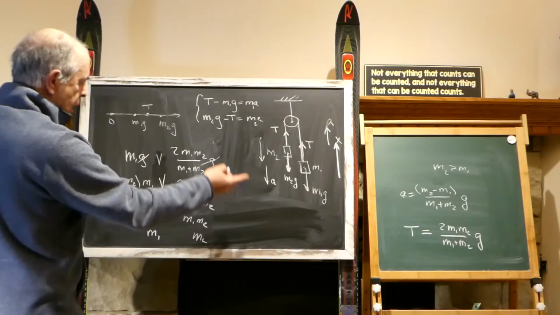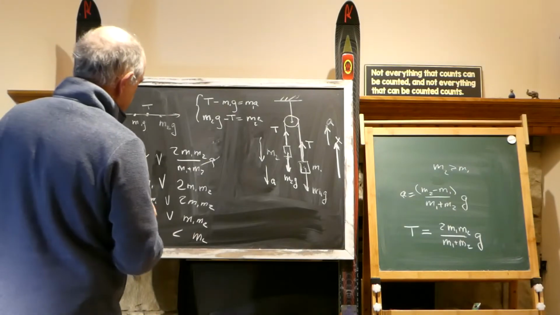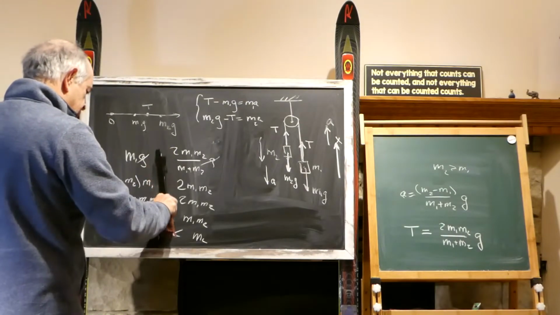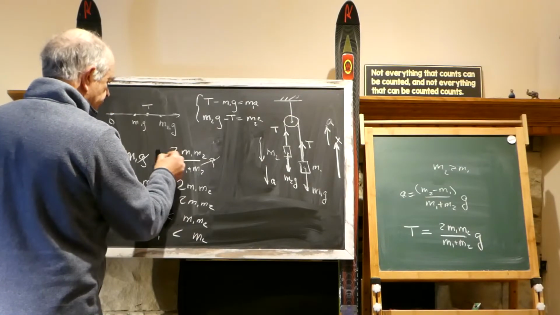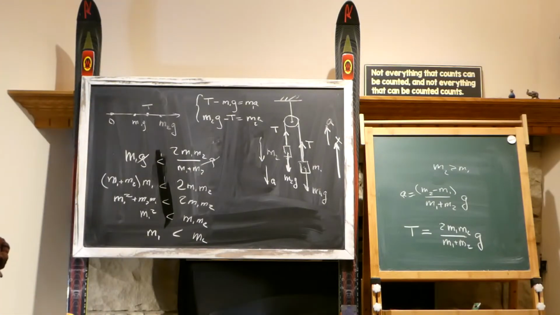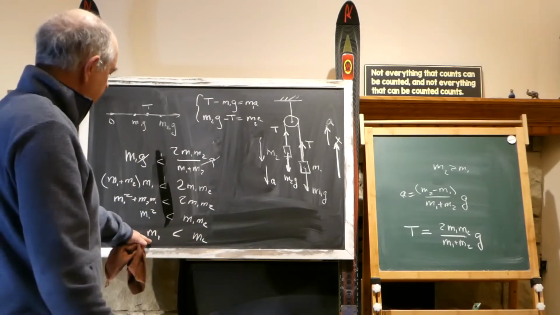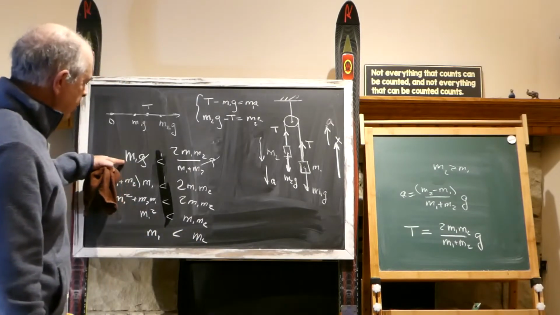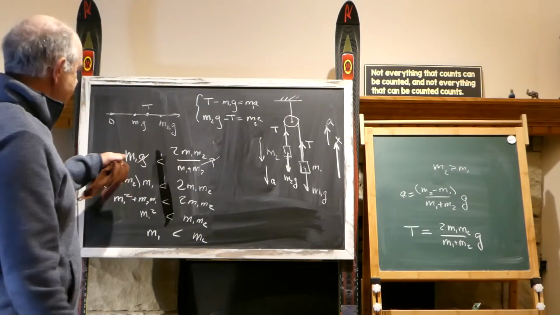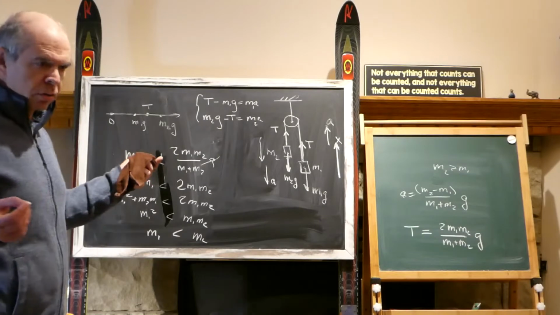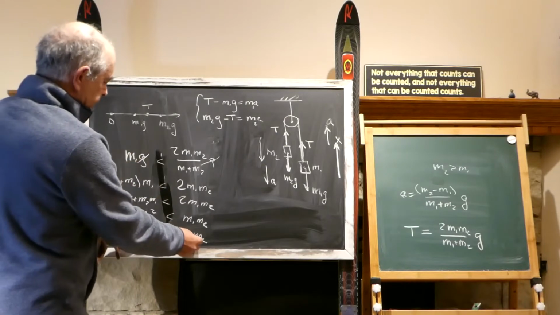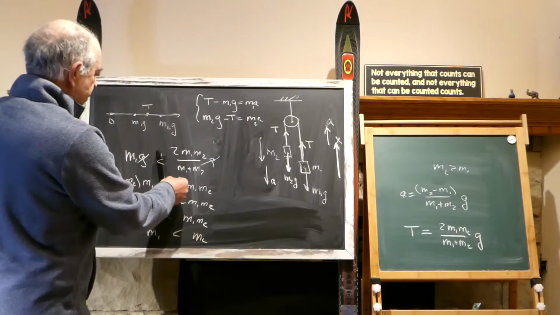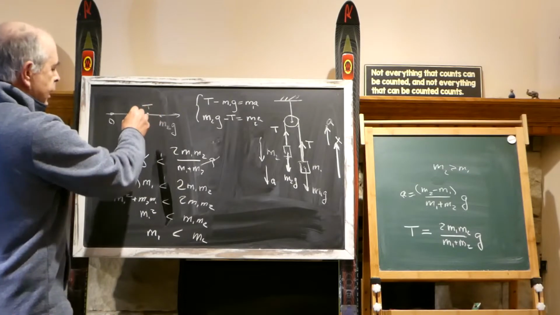I say M2 is greater than M1, so that is my side of the story. If M2 is greater than M1, that absolutely means that this is greater than this, which is what I wanted to prove, because I can repeat all the transformations in the back order, going through valid steps, and get that T is greater than M1G.